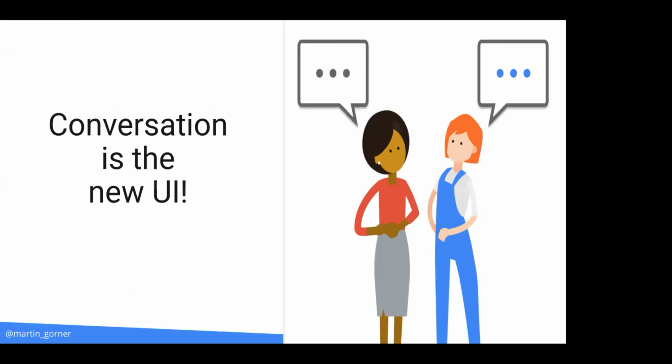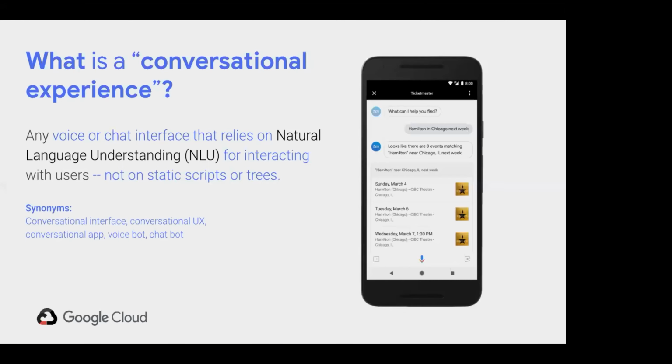What is going on right now is that conversation is becoming the new UI. Mobile applications are becoming conversation driven, and you want to have a good conversational experience, either a voice bot or a chat interface.